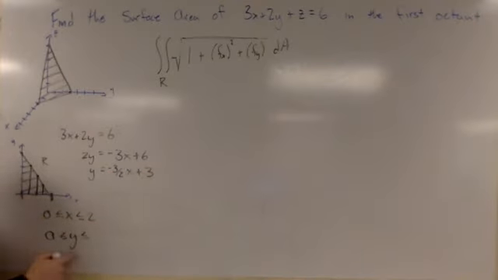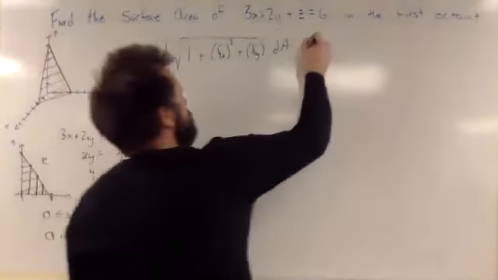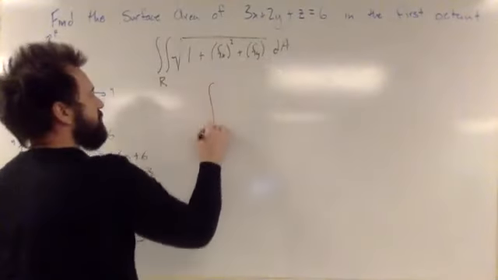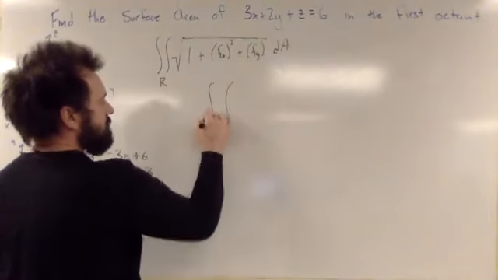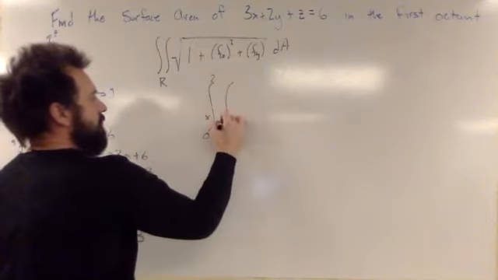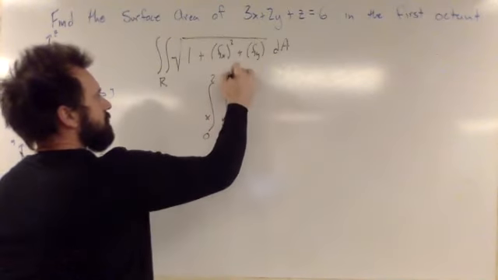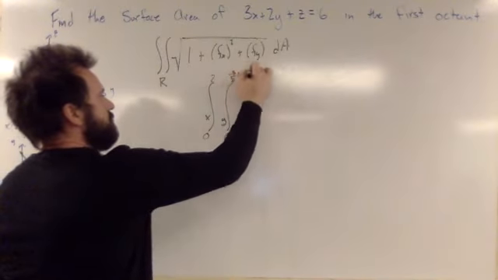That gives me the bound for my y value. So I can write the double integral: my x values go from 0 to 2, and my y values go from 0 to negative 3 over 2 x plus 3.